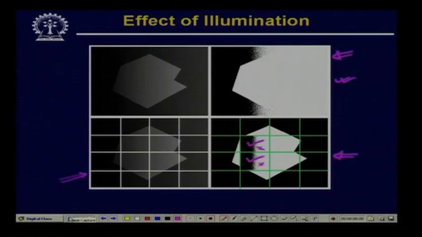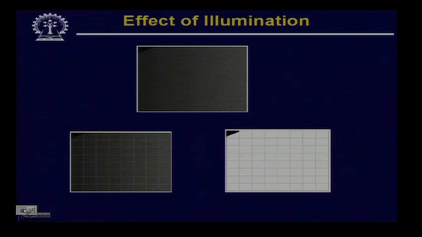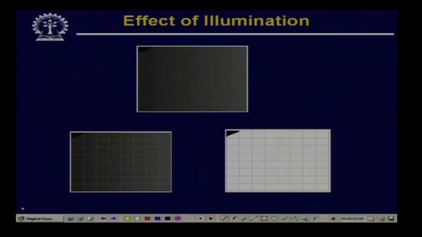If I look at the nature of the image, if you look at this top image, you find that here is a boundary where this small portion belongs to the background and this large portion of the image belongs to the object. Now, if I plot the histogram of this, the histogram will be something like this.